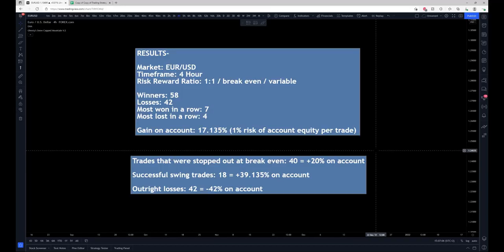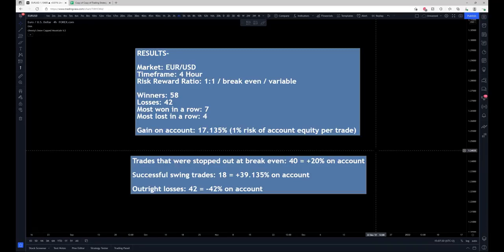And then there were 42 outright losses, so minus 42% on the account from those 42 if risking 1% per trade. So now that the results are gone over, I'm going to talk about how to actually trade with this indicator, how I recommend trading with it, and then I'll go to the strategy ranking spreadsheet at the end and just see where it falls on there.